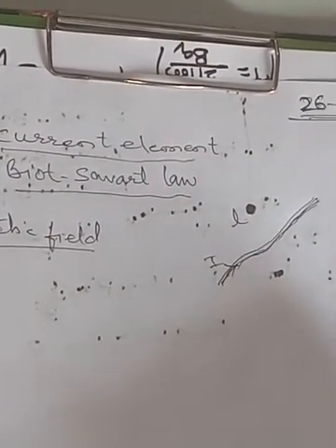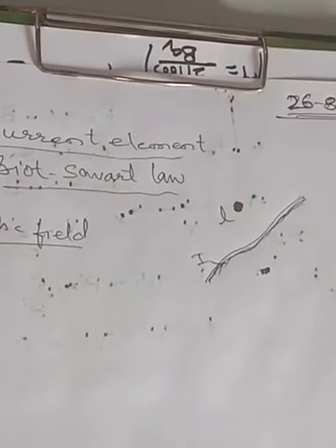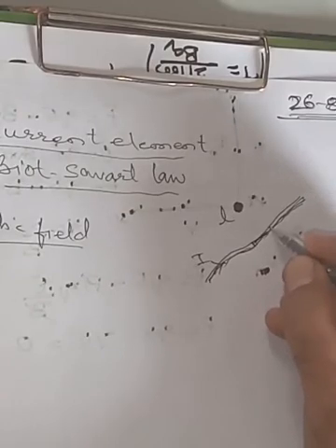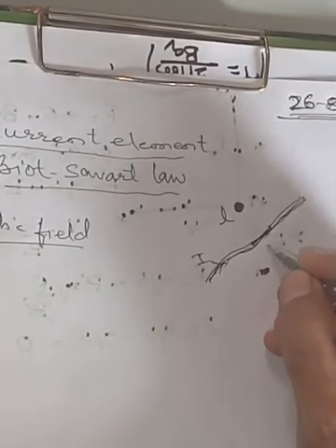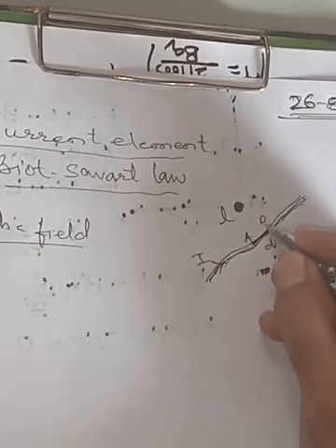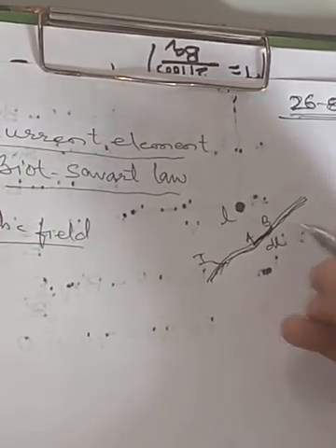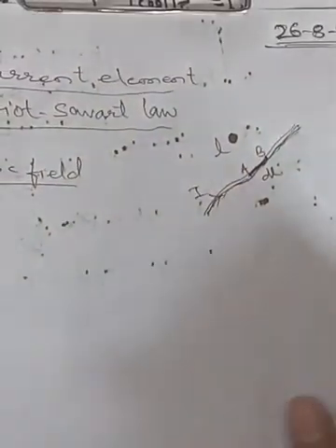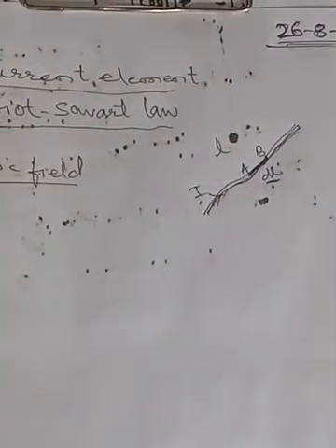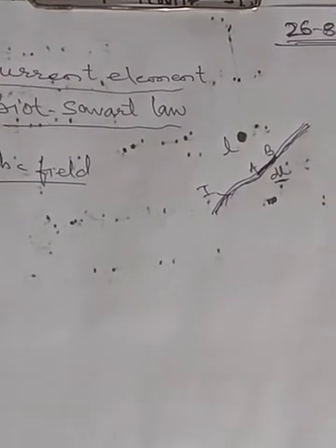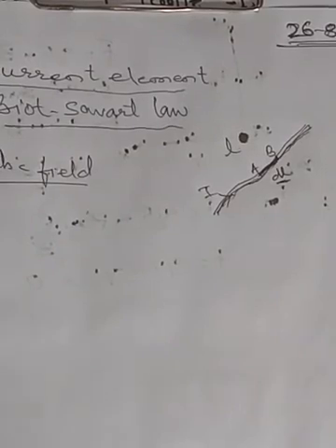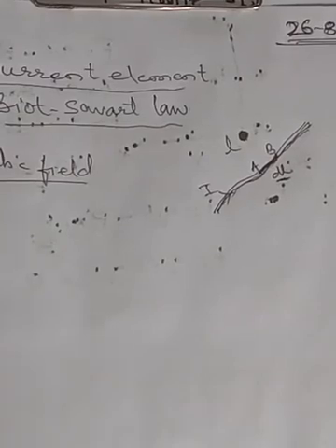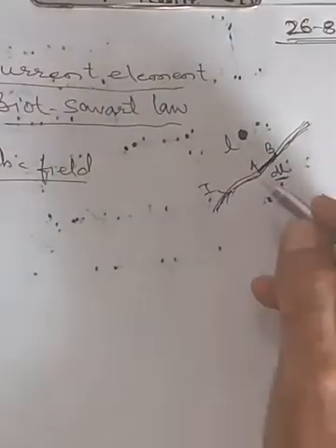And if we consider a small element of length dl, small element is AB, इस वायर में से स्मॉल एलिमेंट हमने कंसिडर किया हुआ है. ओके, small element is AB whose length is dl. dl means small current element. In that case, the magnetic field has to be calculated for this particular small current element.